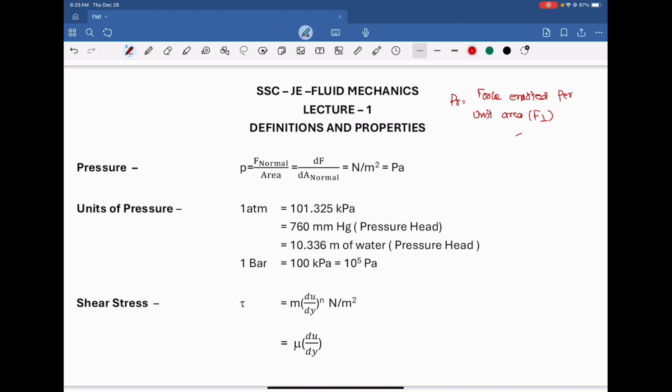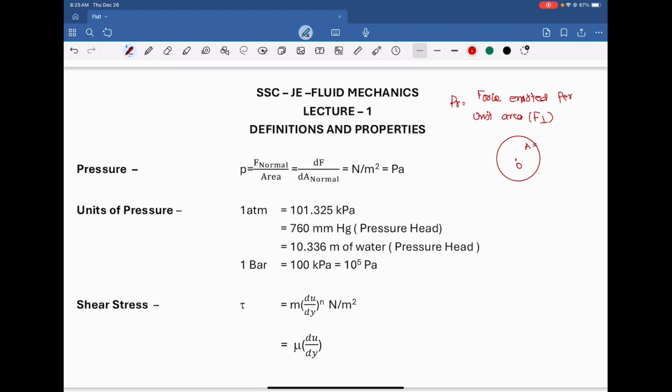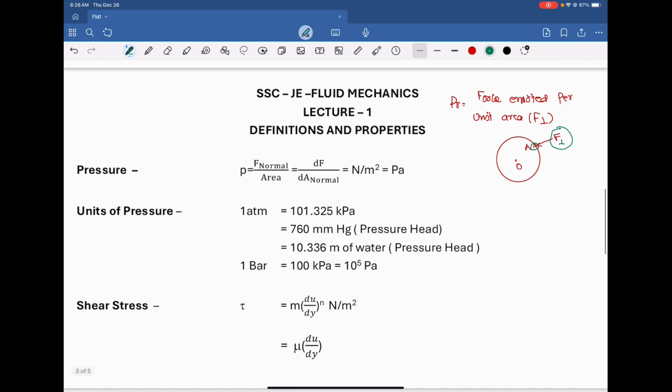For example, there is a circle, here there is a point A, and this is the center O. Force is applied like this. This portion is the area on which force is acting, and this force should be normal to the area of action. This is very important. Please remember this.